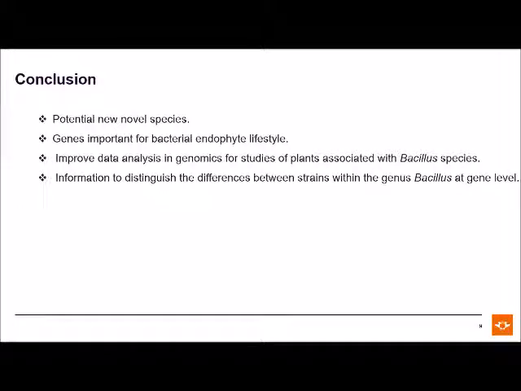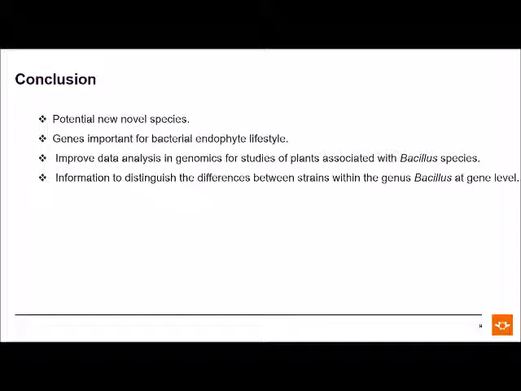In conclusion, this potential new species is now in the process of being described using genomic data supported with phenotypic and phylogenetic properties. A subsequent analysis of the genome content of this strain will help identify genes important for a bacterial endophyte lifestyle and also improve data analysis in genomics for studies of plants associated with Bacillus species.